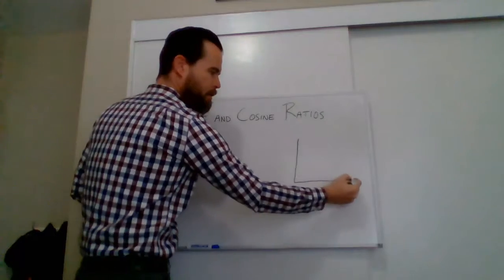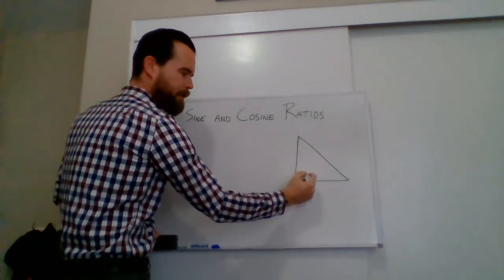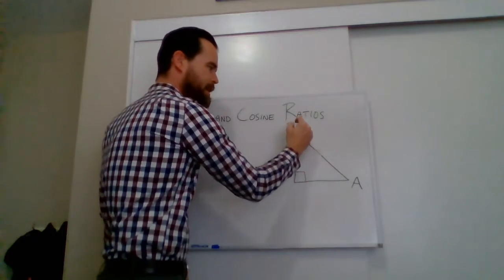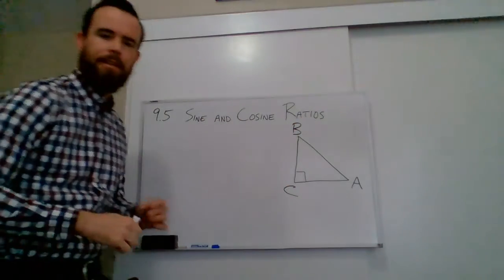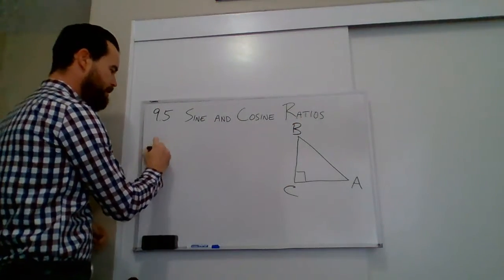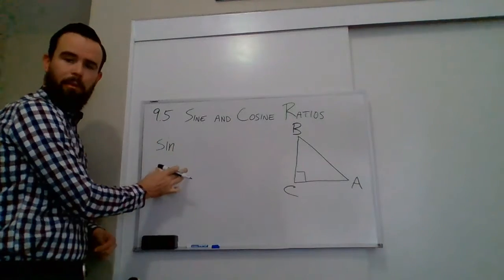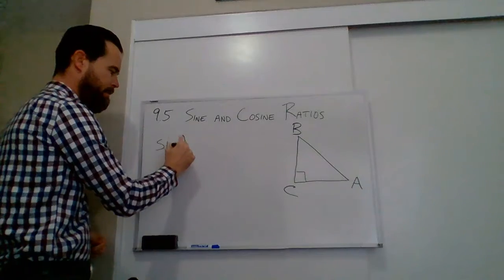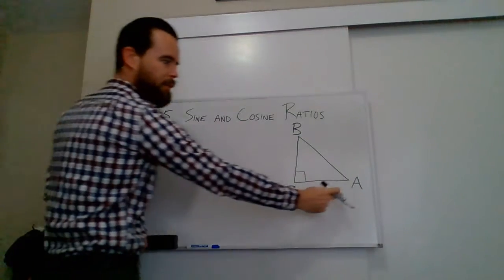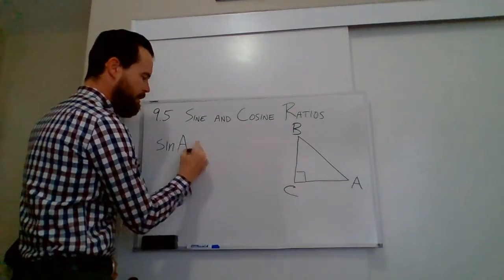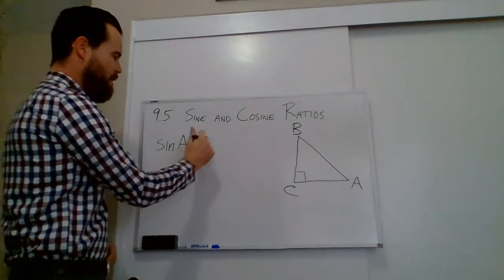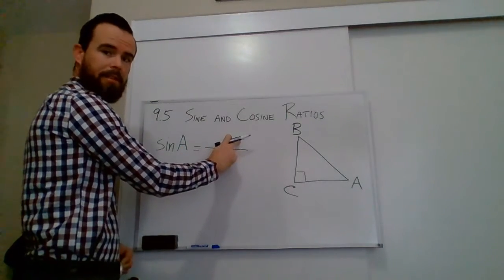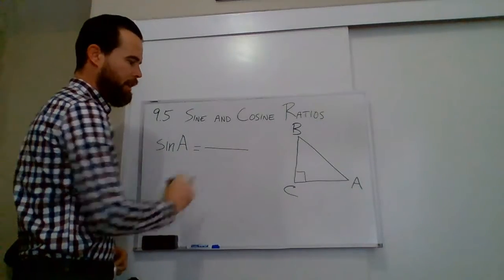So we have our right triangle. Let's just call the vertices A, B, and C. Our sine ratio, and we shorten sine to just SIN. So let's look at sine of angle A. Sine of angle A says we're going to be looking at one of the lengths of the sides over another length.